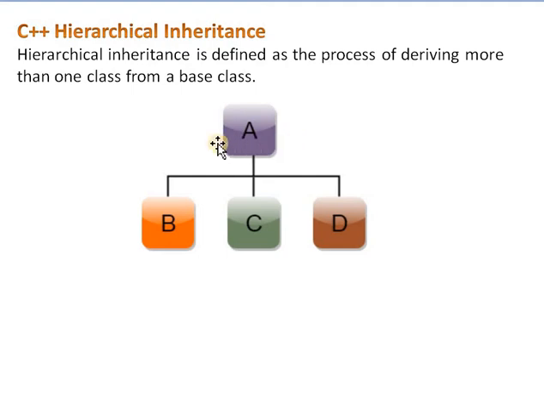In this figure, there is only one base class, that is A, and multiple derived classes, namely B, C, and D. That means in this type of inheritance, more than one subclass is inherited from a single base class, that is, more than one derived class is created from a single base class. That is hierarchical inheritance.